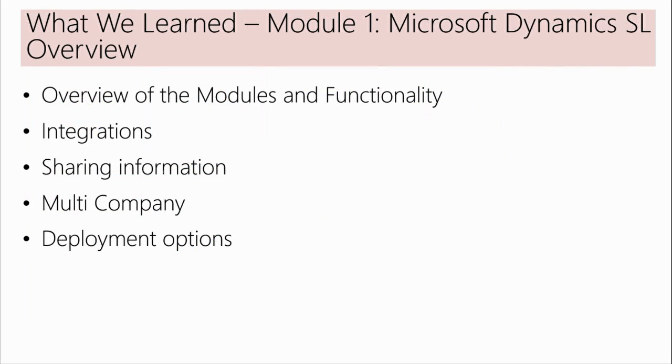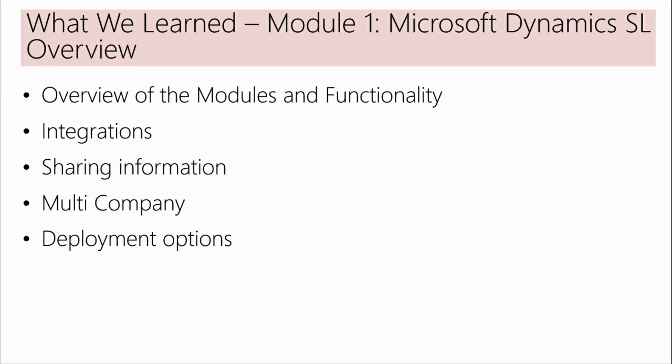So with that, we've gone through Module 1 just to give you that overview of Microsoft Dynamics SL. We talked about the overview of Dynamics SL. We went through all the modules, just to give you a flavor of some of the things that are out there. We talked about integrations, how we connect with different products in the Microsoft area and what the benefits of them are. Next, we talked about sharing information, how we share information with other people, whether it's our Quick Query or our Business Analyzer area.